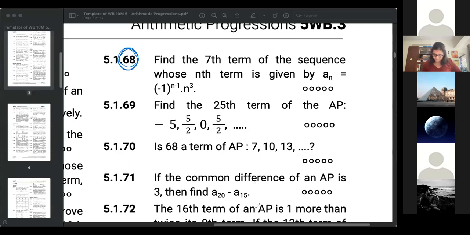So 3 people have done. Aditya, okay. That was quick. It's a very direct question. You're given an, you have to find A7. So an में से A7 find out करना है. Just put n equal to 7, मिल जाएगा.